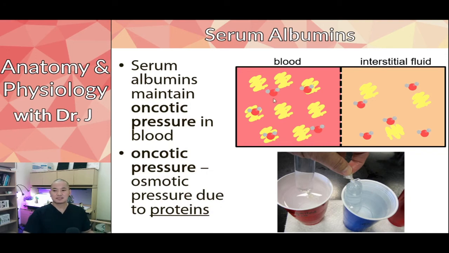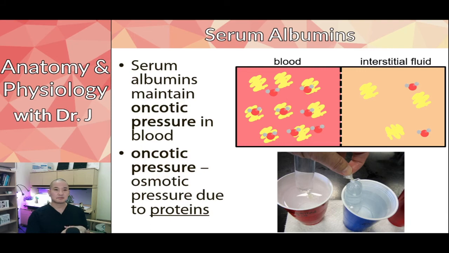If we replace these proteins with sodium chloride or sugar molecules, say there are more sugar molecules in your blood and fewer in your interstitial fluid, which way will the water go? I already see a response, and somebody says it'll go to the blood, and yes, you are correct. These proteins have all these positive and negative charges that are very attractive to water.